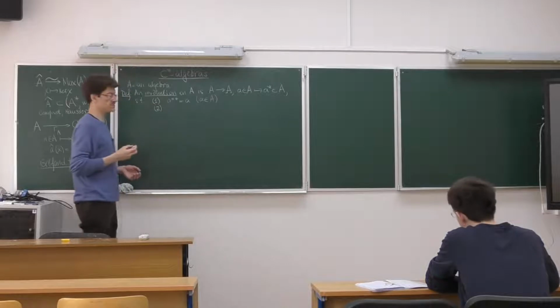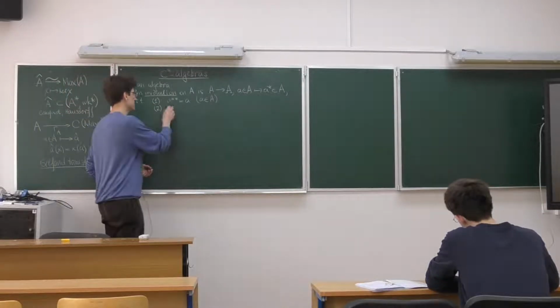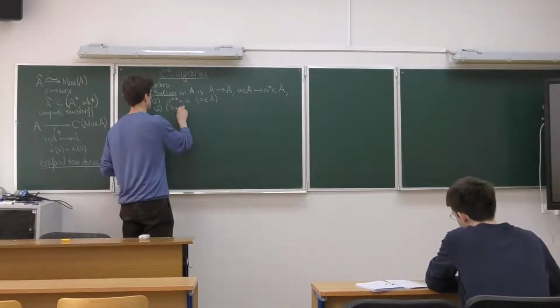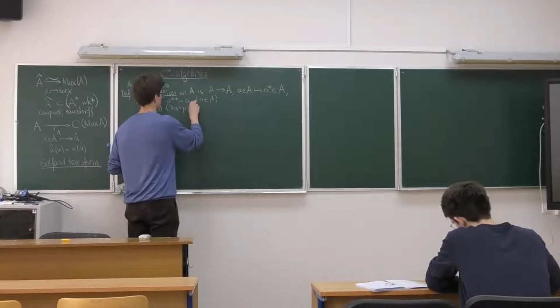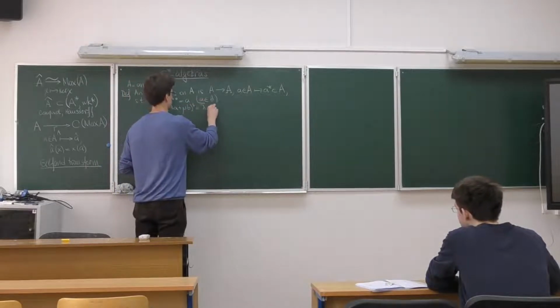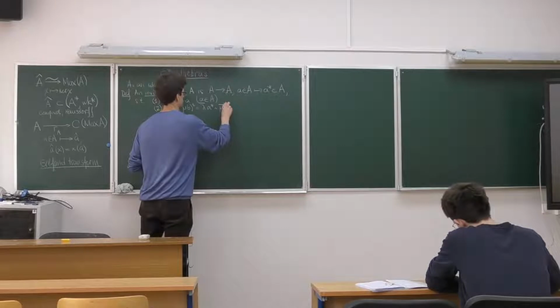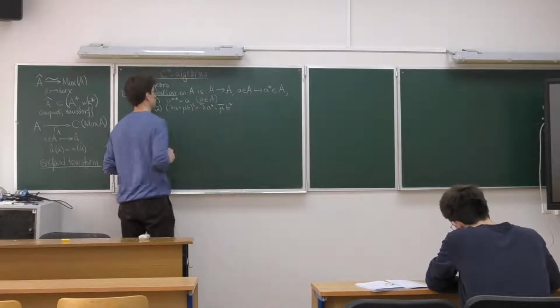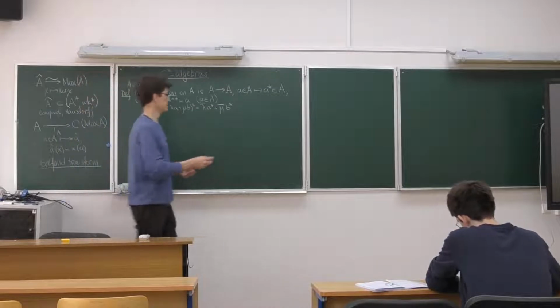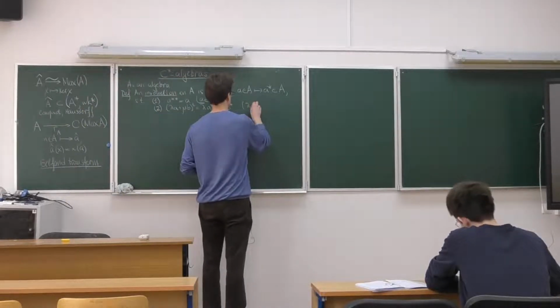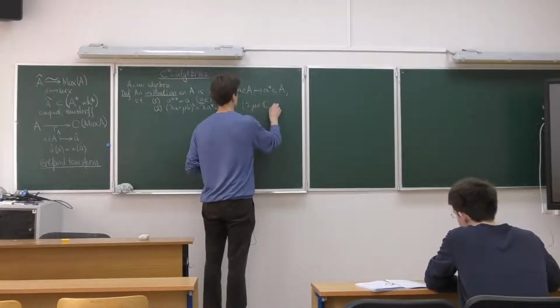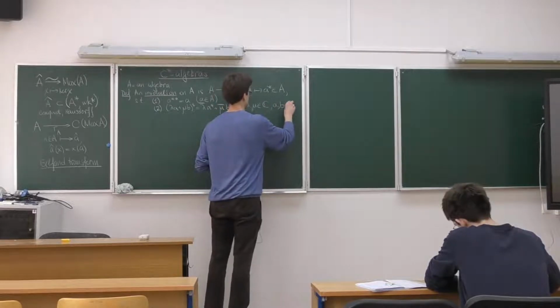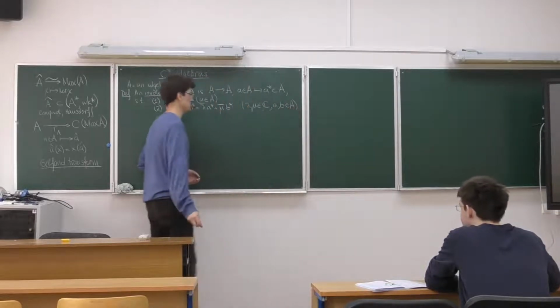Second, the involution should be antilinear in the following sense. Here, lambda and mu are complex numbers, and a and b are elements of our algebra. So the involution is antilinear.